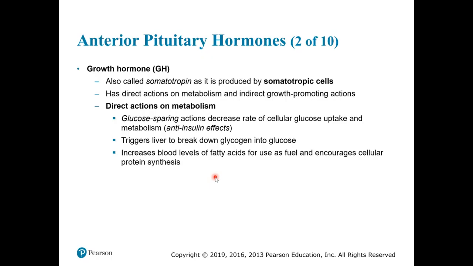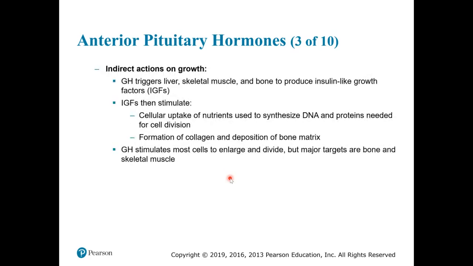That polymer of glucose that's stored in the liver and large muscles of the body. So growth hormone is going to trigger the body, the liver, to use more glycogen, convert that into glucose, and then also to promote the use of fatty acids for fuel, and encourages growth through protein synthesis.